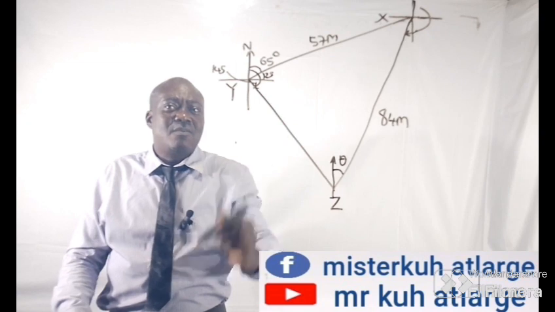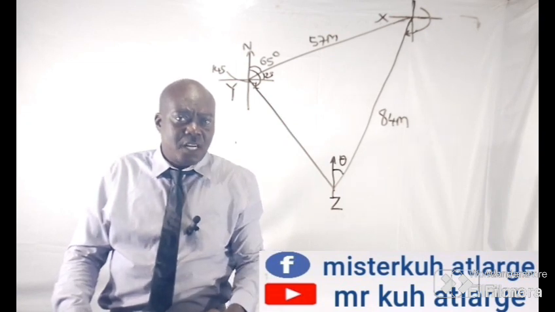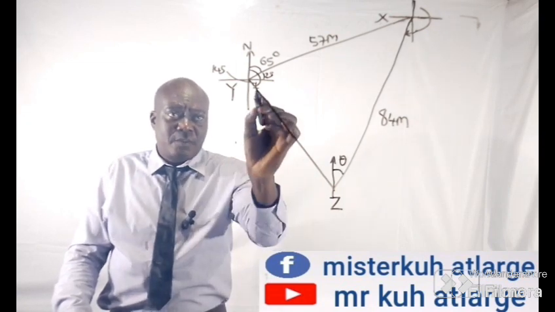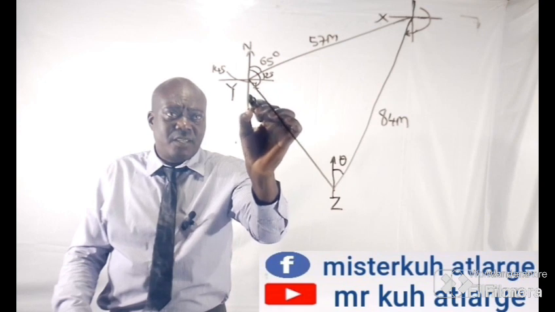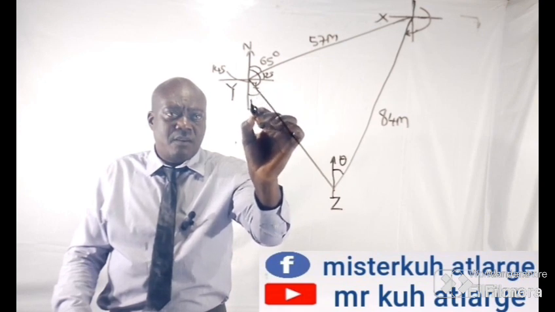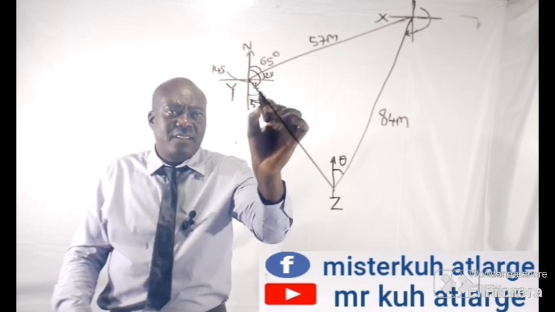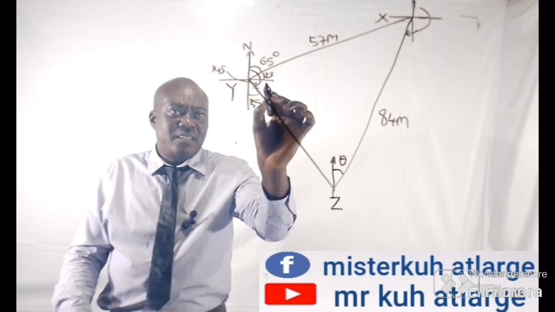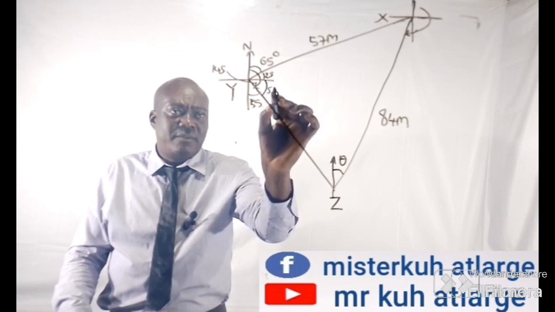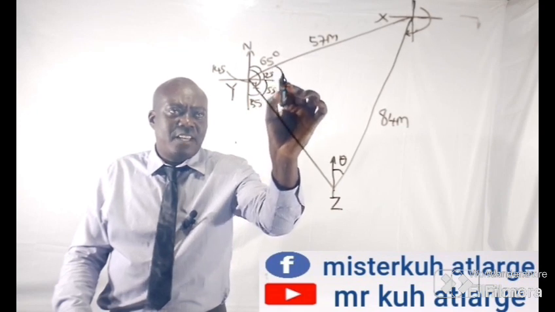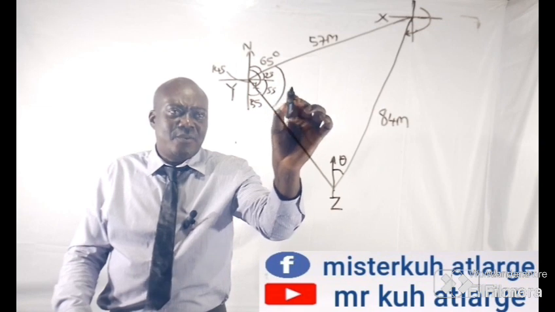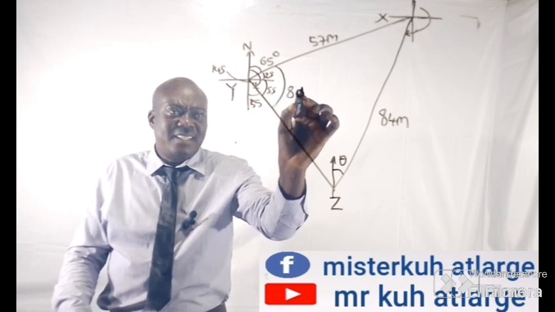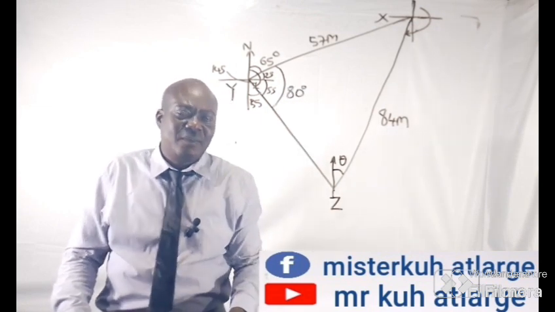And from here to here is 145. And 145 degrees we stopped here. That means from here to here is 180. So here will be 35. So from here to here is 90. So if we remove 35 from 90, this place will now be 55 degrees. So the angle from here to here will now be 80 degrees.